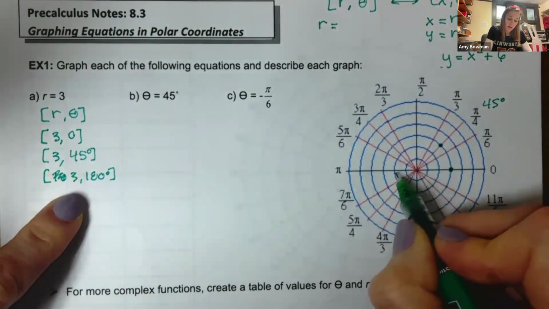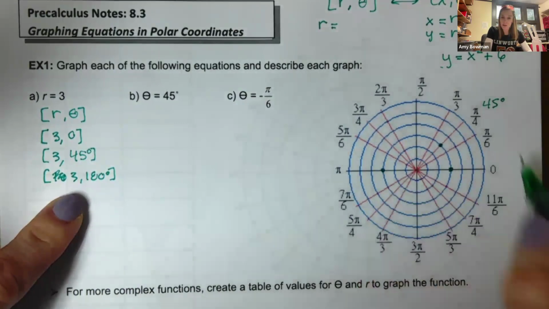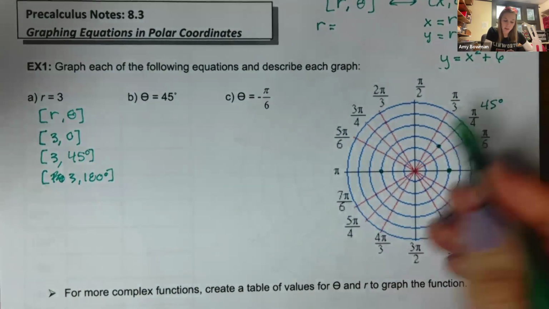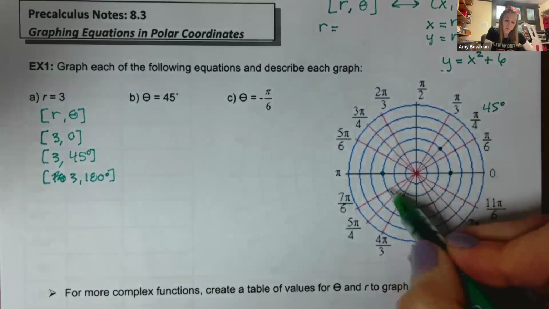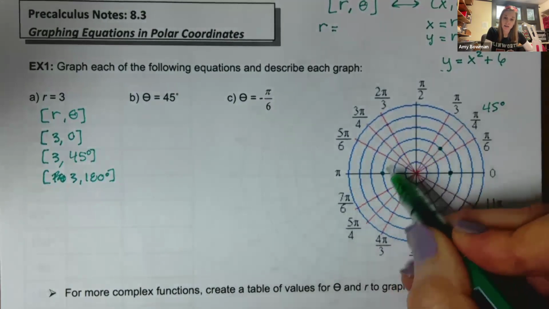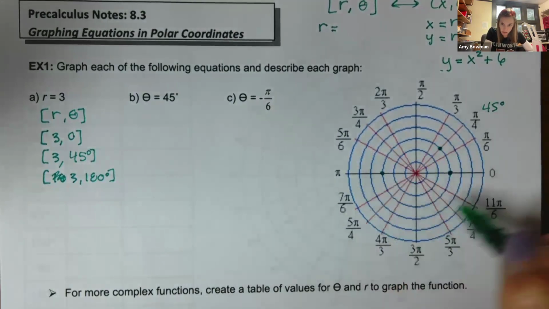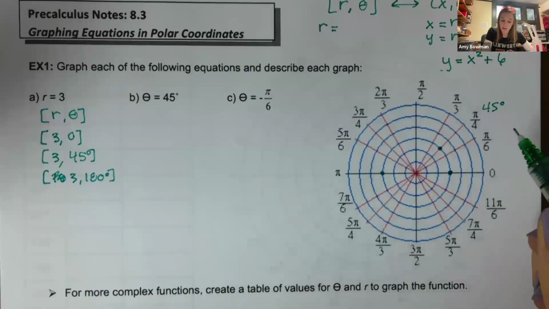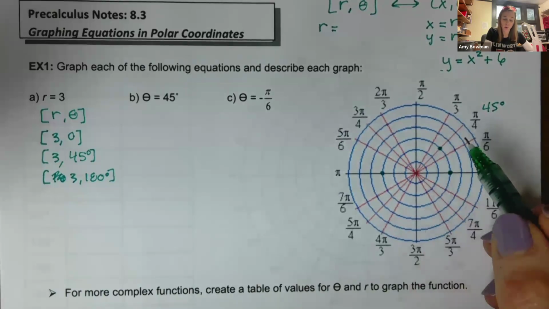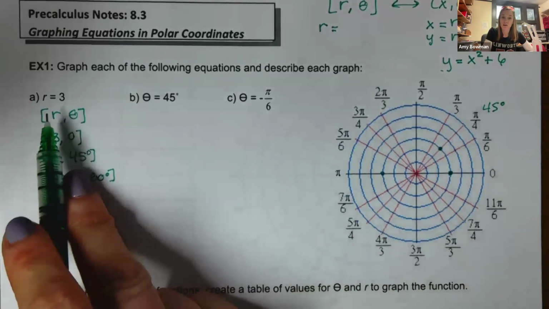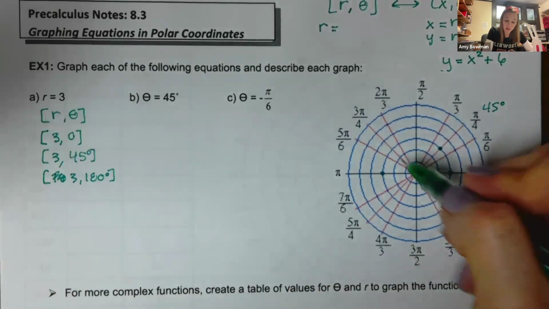Facing 180, I'm going out 3. We could do this forever. Basically, no matter what direction the rotation is, r equals 3. I'm hoping it's starting to click what type of graph is formed by the equation r equals a number, and it's simply a circle.